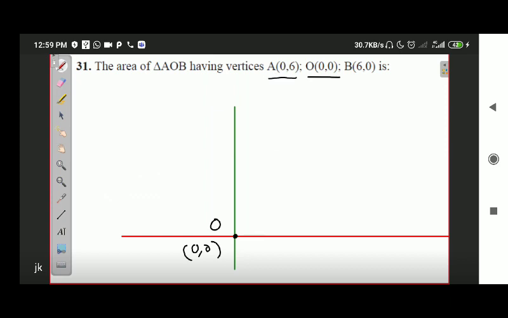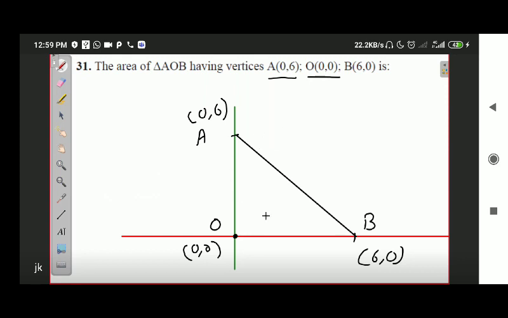A is (0, 6), since x is 0 and y is 6, so A will be somewhere here. And B is (6, 0), B will be somewhere here. Once again, my drawing is not according to scale, it is just random.